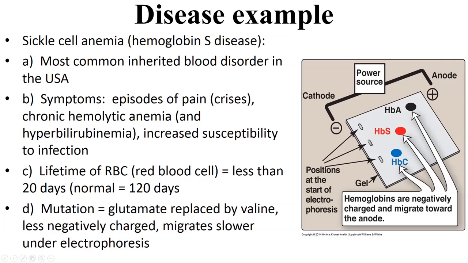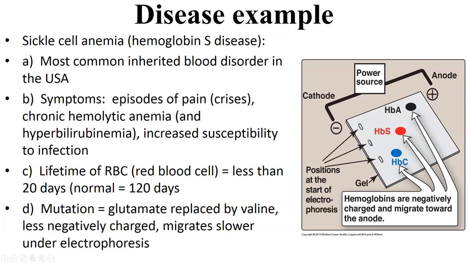So you do have these sickle cell crises, where you get this really intense pain in certain regions, and that's where you're getting the occlusion, okay? You're getting a clot there, and that will cause pain. You get hemolytic anemia, chronic hemolytic anemia.